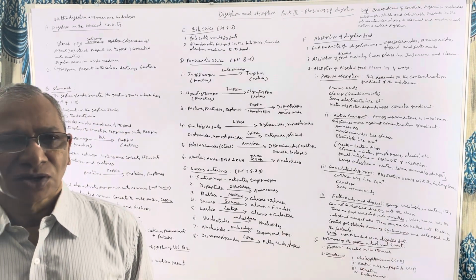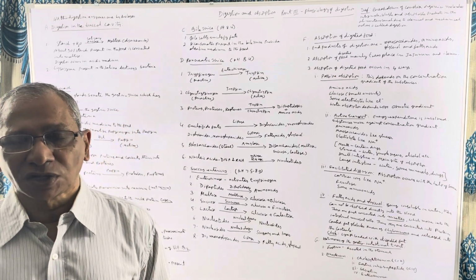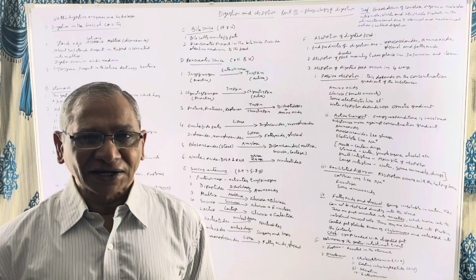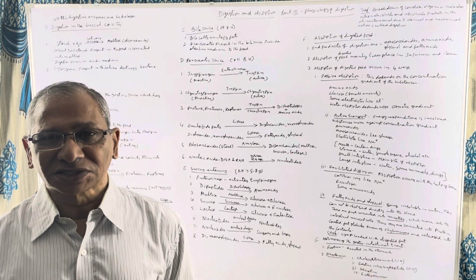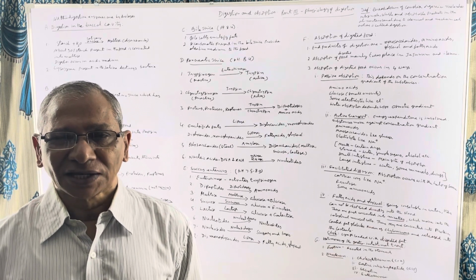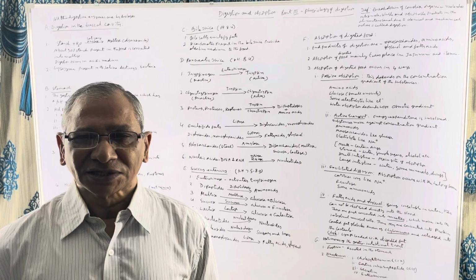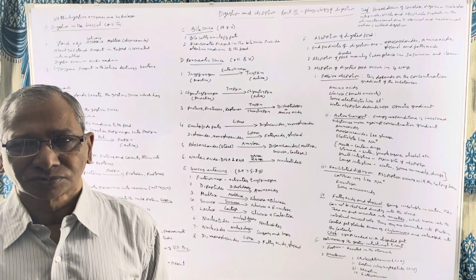That means only partial digestion of food takes place and that food is in an acidic medium. So, at the end of digestion in the stomach, we get chyme. Chyme is nothing but partially digested food of acidic nature. This chyme is slowly released into the duodenum.